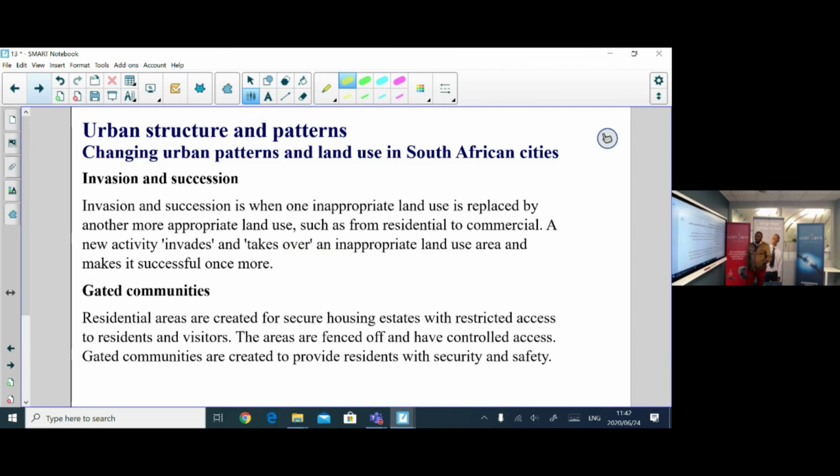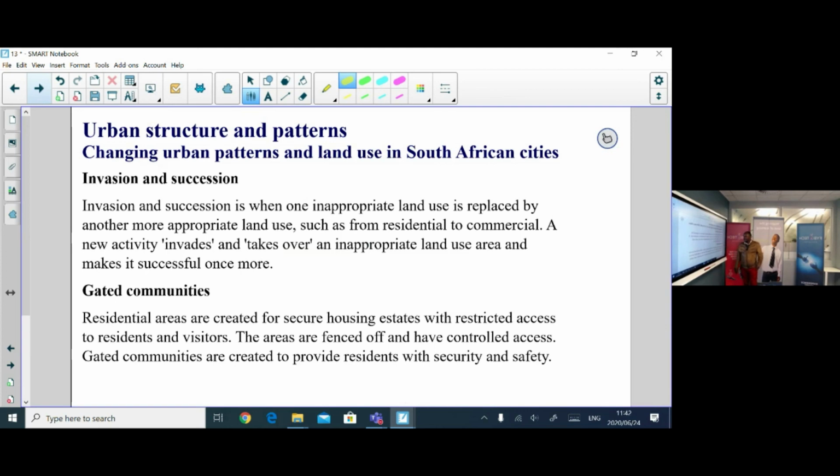So if a residential area is going to change to commercial, that is actually an invasion or succession. The former land use is being replaced by another land use. A new activity invades and takes over an inappropriate land use area and makes it successful once more.